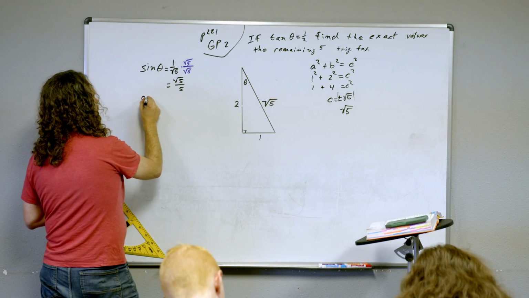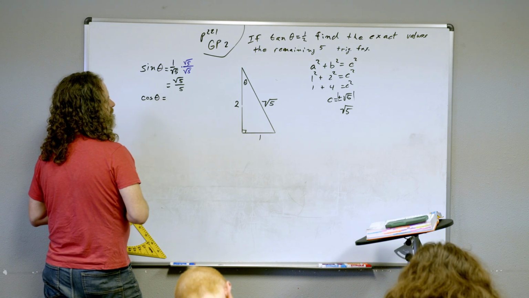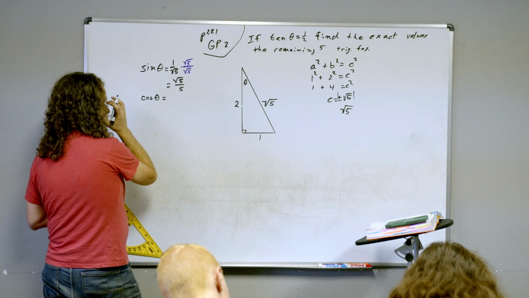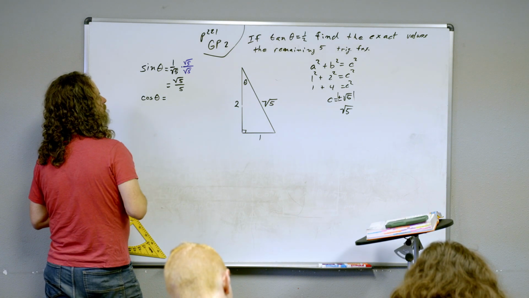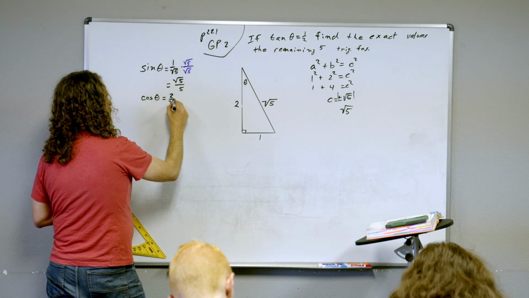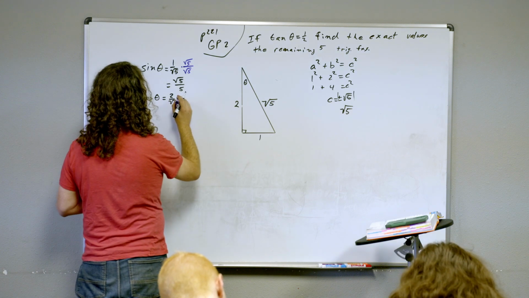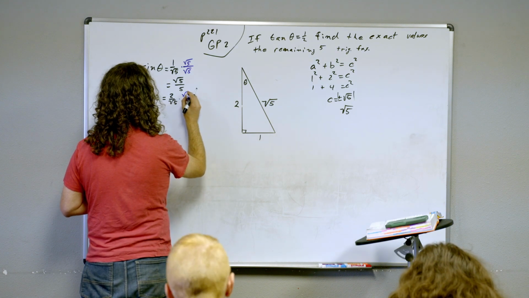And then the cosine of theta would be what? It would be 2 over the square root of 5, which we've got a problem. I'll go ahead and write out the steps. Eventually, I'm going to stop.